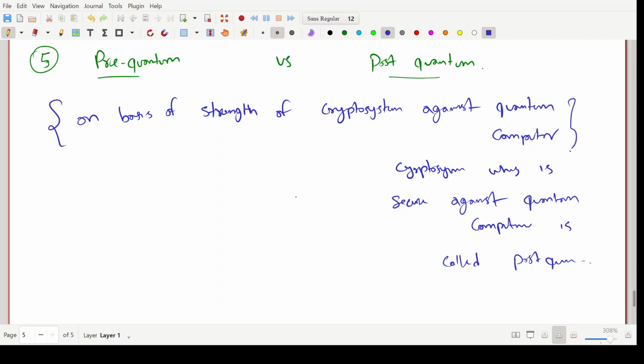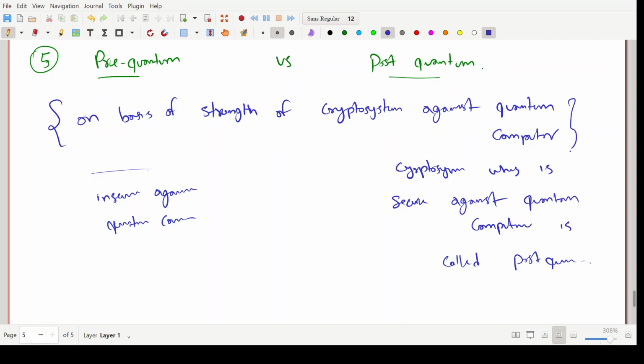Whereas if it is not secure, a crypto system which is insecure against a quantum computer is called a pre-quantum crypto system.